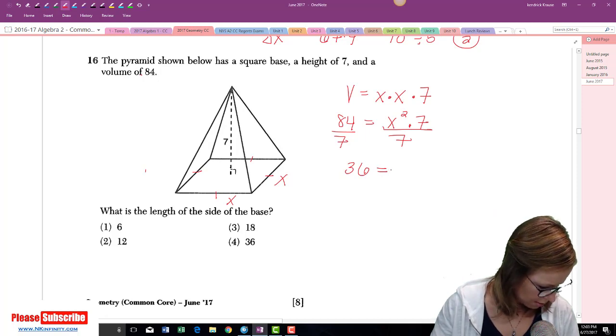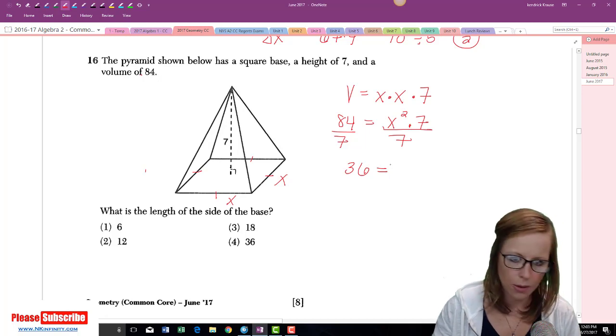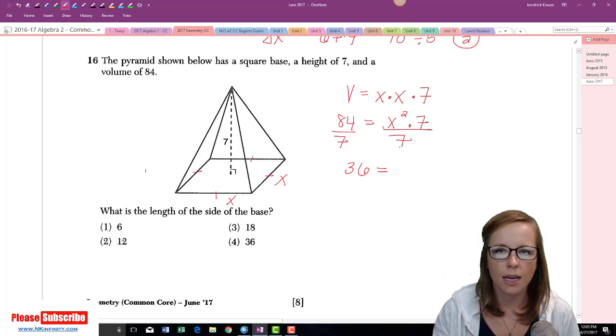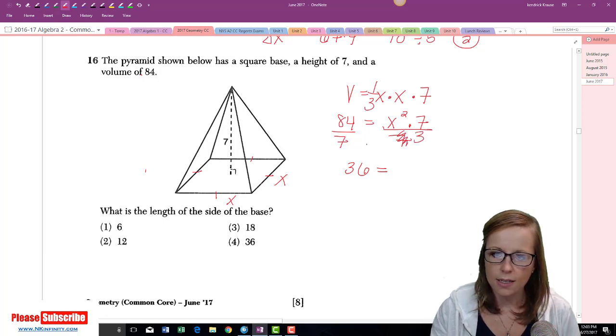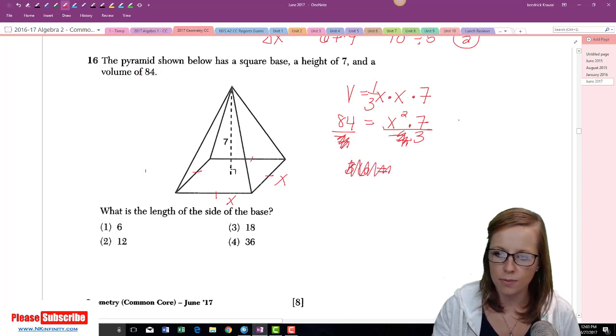What did I write there? Oh my word. I didn't do that right. Hello, I forgot the 1/3. It's a pyramid, sorry. No wonder I'm confused. Let's do this, sorry, 7/3. So I'm actually going to multiply by the reciprocal, which is 3/7.